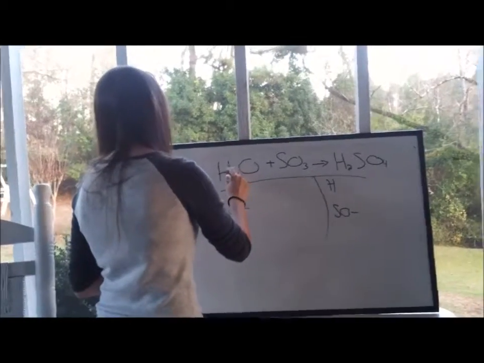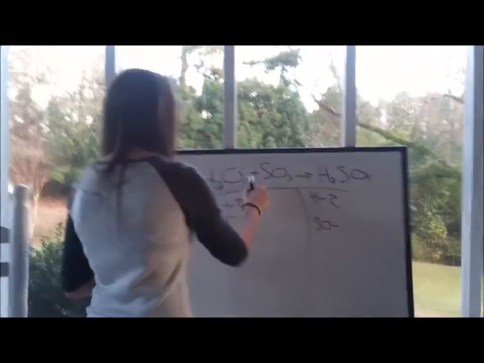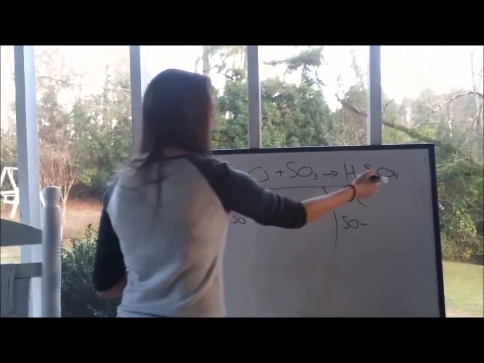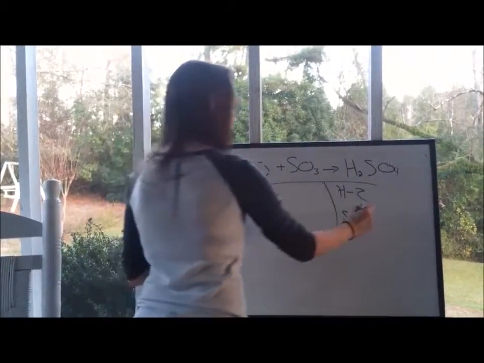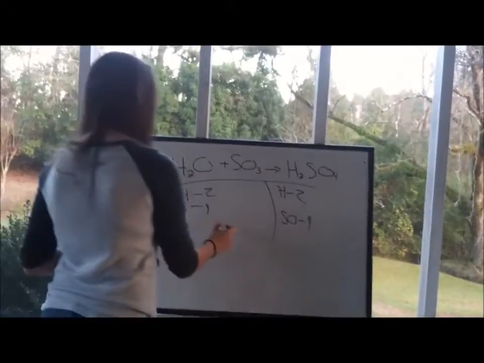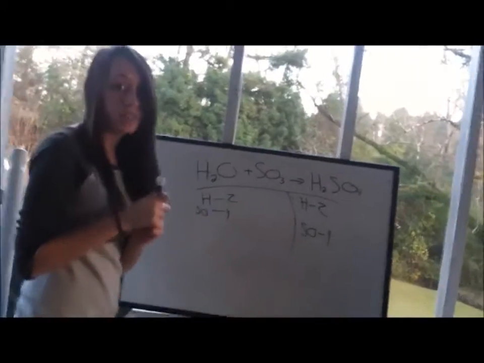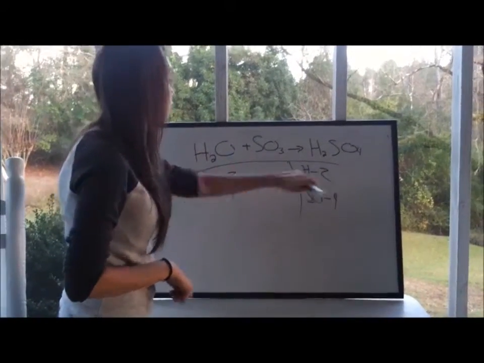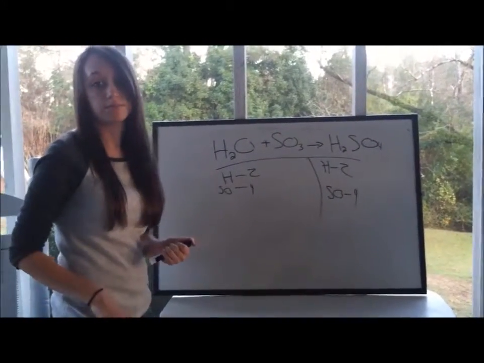So now we have 2 H's on this side, and as we can see we have 3 O's on this side, and so that means there's 4 sulfate on this side and 4 sulfate on this side. So the equation is balanced. What type of chemical reaction is it when 2 compounds form another? If you said synthesis, you're correct.